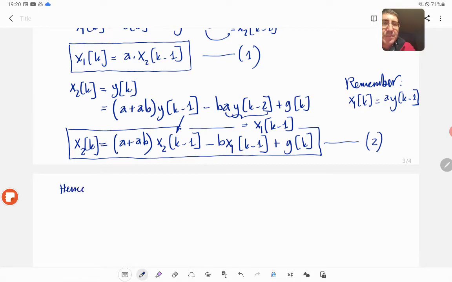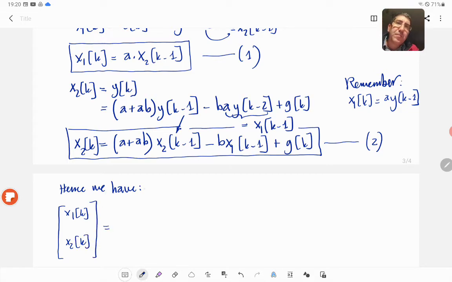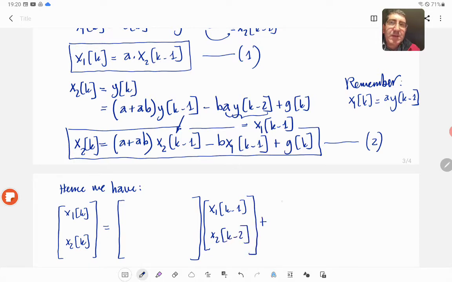So hence we have the state vector x1k, x2k, that is equal to a 2 by 2 matrix times x1 k minus 1, x2 k minus 1, plus basically a column vector 2 by 1 times g of k.